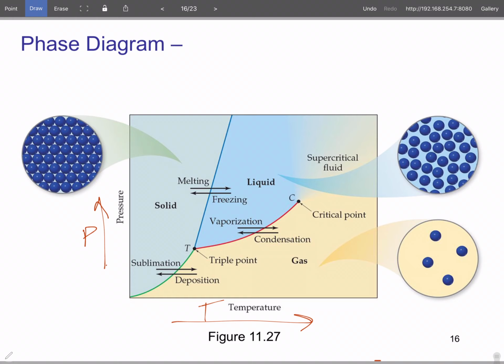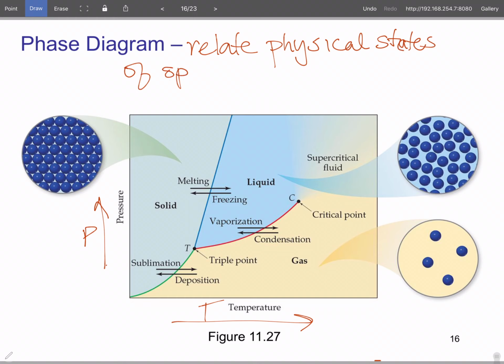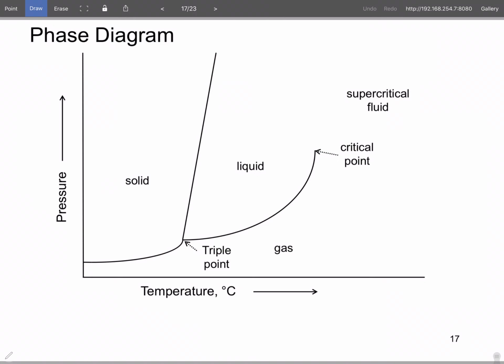It's going to relate the physical states of a species to temperature and pressure. Okay, so as I said, this one's a little bit busy, so here we're going to keep it simple. We have solid, liquids, and gases.